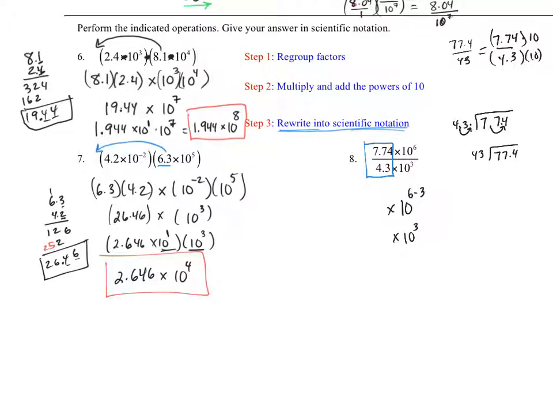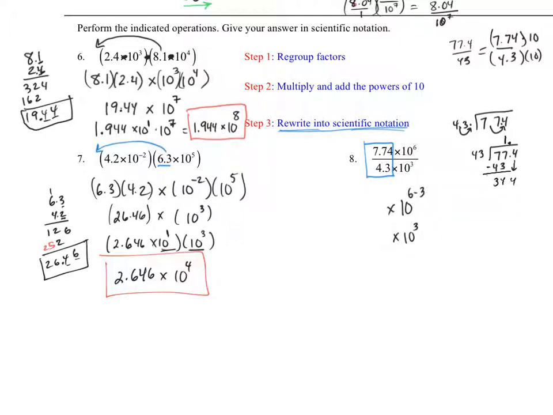So I've got a new problem, 77.4 divided by 43. And let's see, if I took 43 and doubled it, I'd get 86, which is a little bit too big, so I'm just going to have that go in once. And then when we subtract our 43 from 77, I would get 34. And then carry down my 4. And the decimal just goes right up above the decimal here. So 43 goes into 344. It's not 10 times because that would be 430.